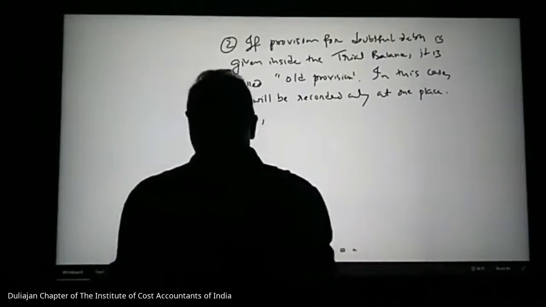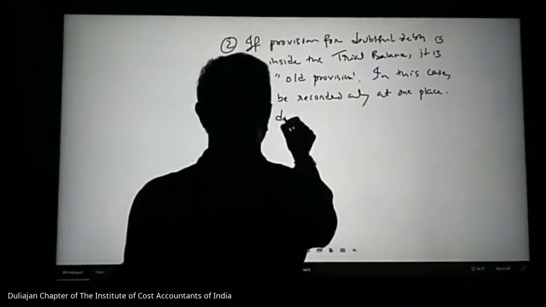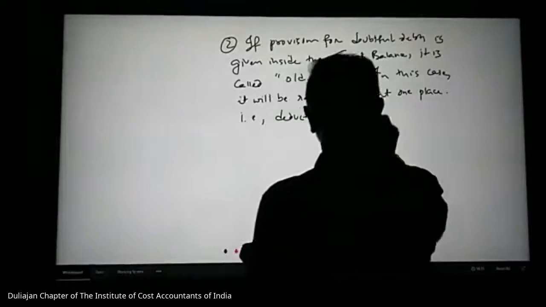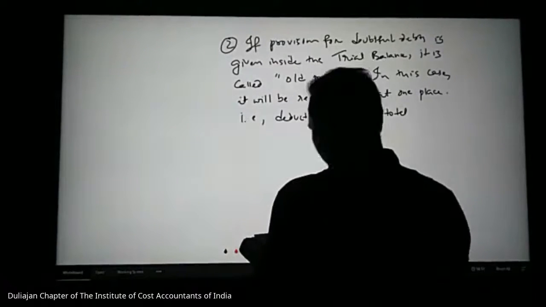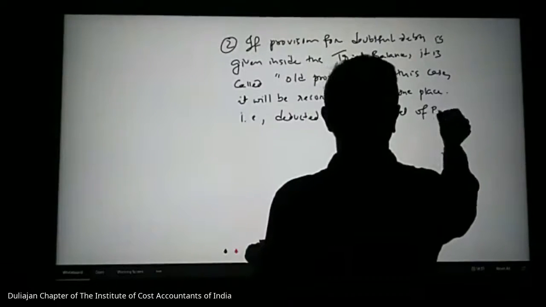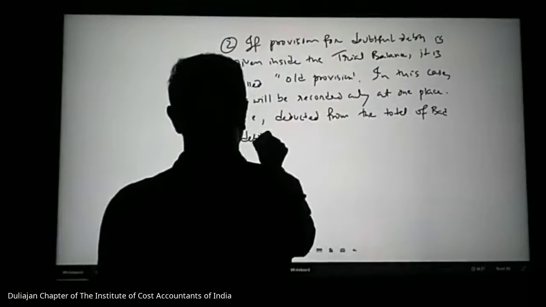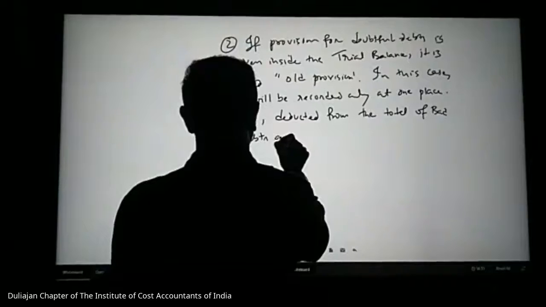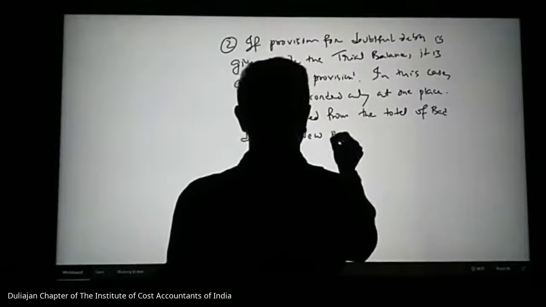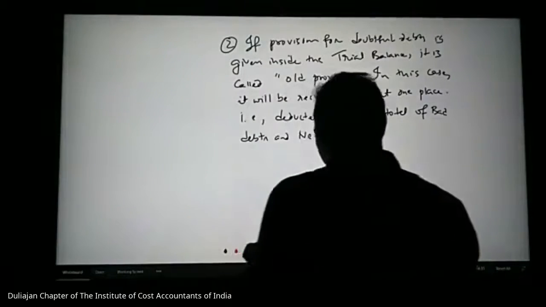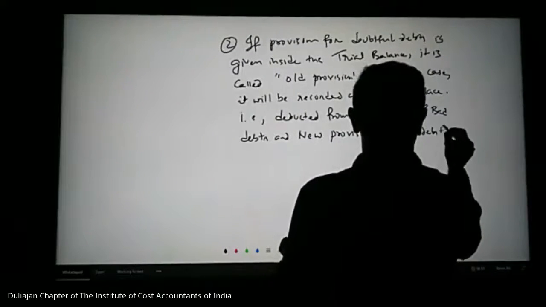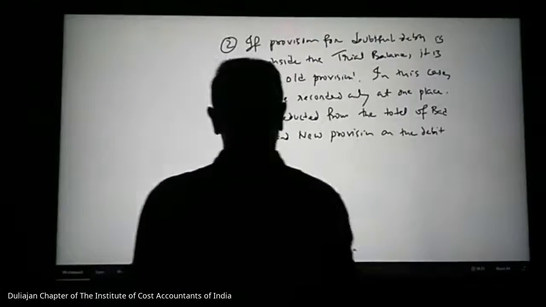That is, it is deducted from the total of bad debt and new provision on the debit side of the PL account.